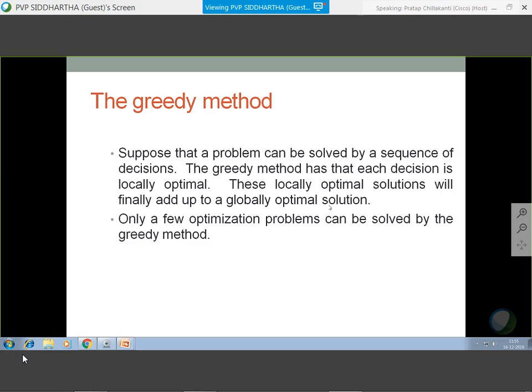But in the case of Krone that we showed you, it is not optimal. Important to note that only a few optimization problems can be solved by greedy method. So we have set the foundations by giving you different sets of examples, including the very first exercise to show you greedy methods are great. This is how they work, but in some cases they can give us an optimal solution, and in some other cases they will not give us optimal solution. Go to the next slide, please.